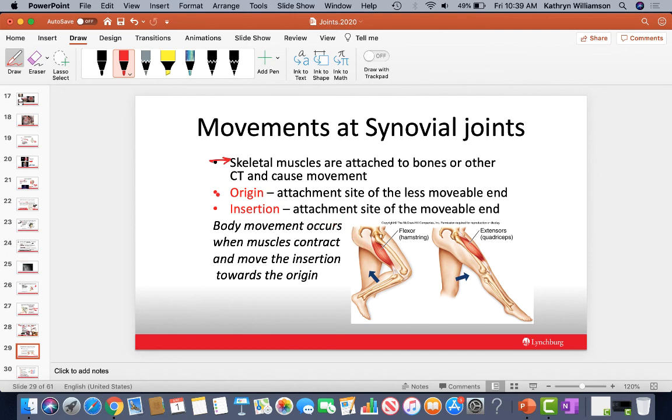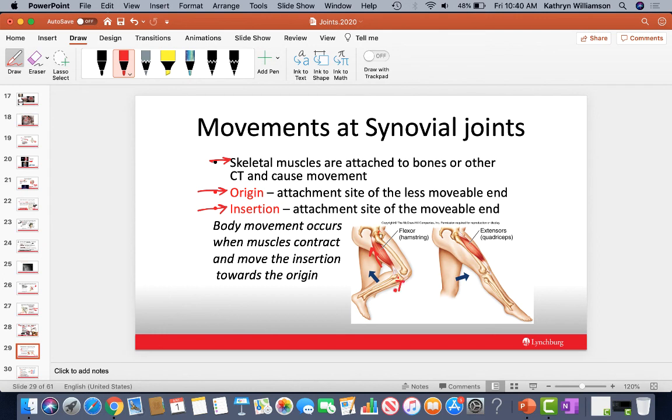We can talk about the muscles at their origin, and that's going to be the attachment at the less movable end, or the part of the bone or the joint that's not moving. The insertion is going to be the attachment of that muscle at the movable end. What happens is body movement occurs when the muscle contracts, or shortens, and it moves the insertion closer to the origin.